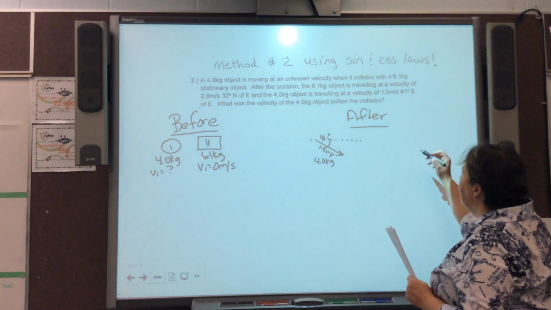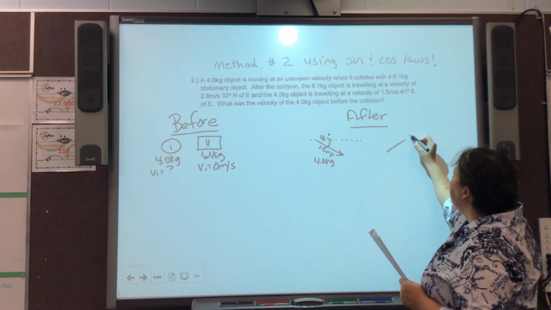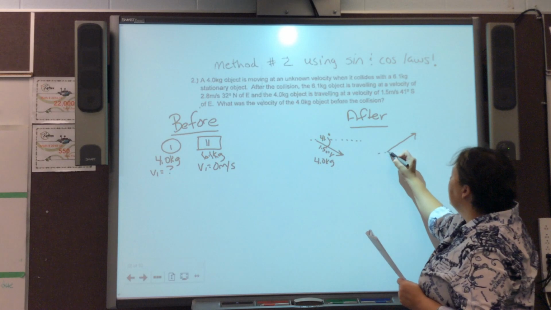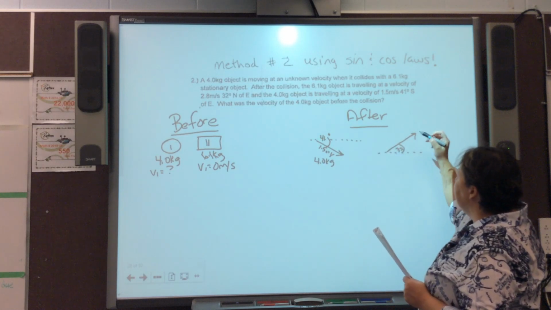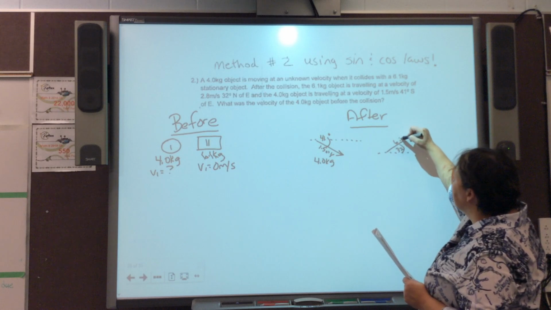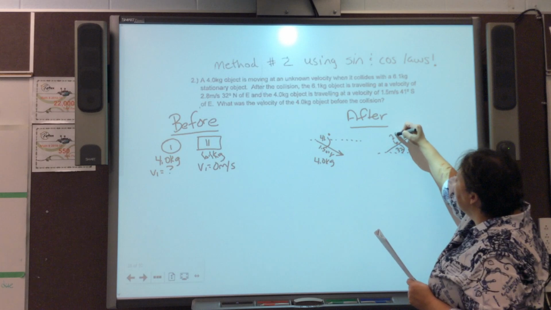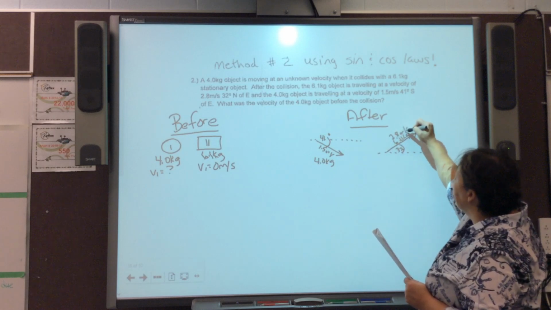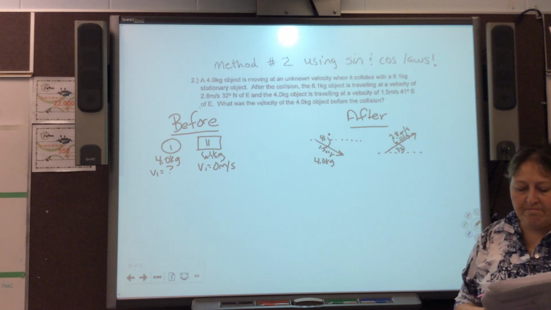The 6.1 kilogram object is going 32 degrees north of east. That's your 32, 6.1 kilograms, and he's going 2.8 meters per second. Remembering this time that the vectors are meters per second and not momentum. Okay?